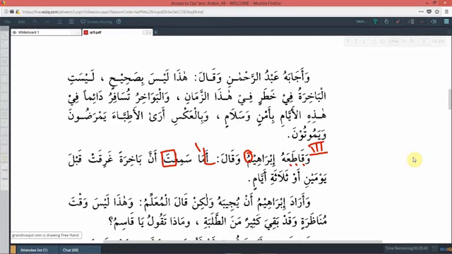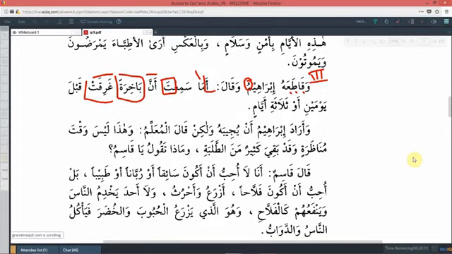Have you not heard? أن باخرة, that a steamship or steamboat غرقت, sunk, قبل يومين, before 2 days, أو 3 أيام, or 3 days. Didn't you hear that a steamboat just sunk 2 or 3 days ago?